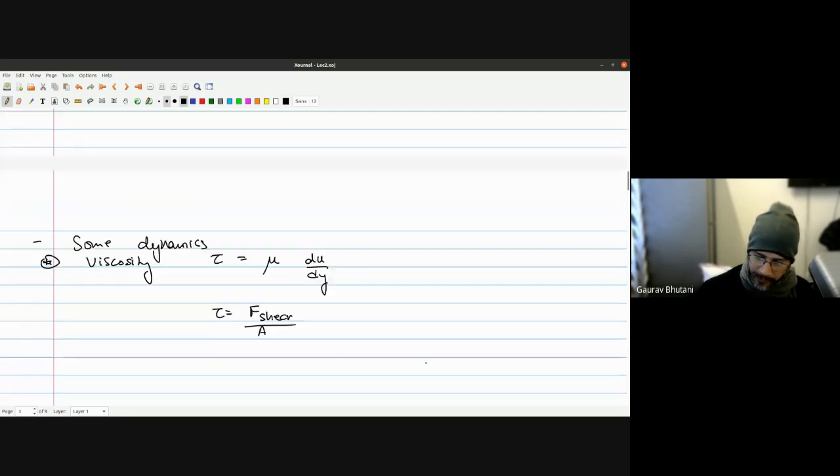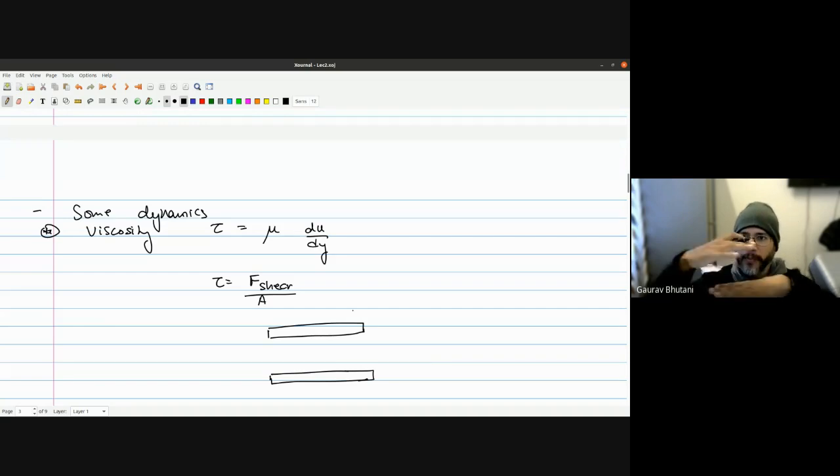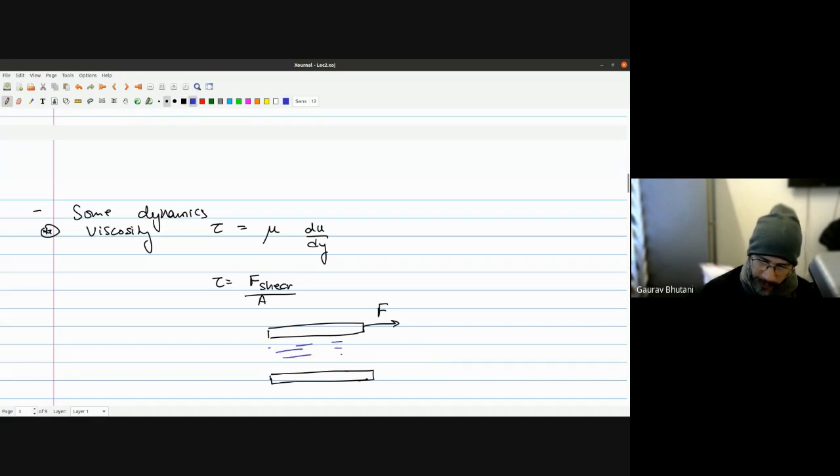So if you have, let's say, a channel, you can think of these as two plates, one over the other. One plate is stationary, the other one is moving. It's filled with liquid, and they're very long, infinite plates.